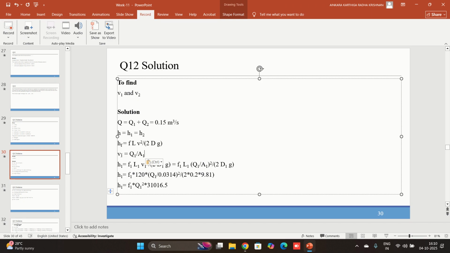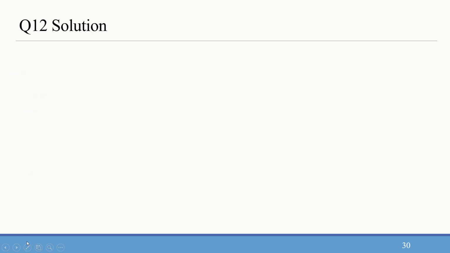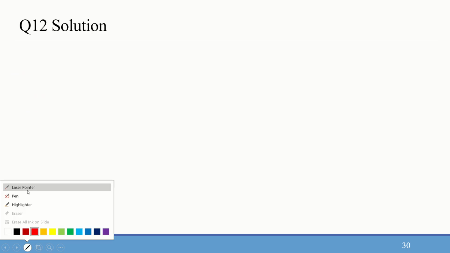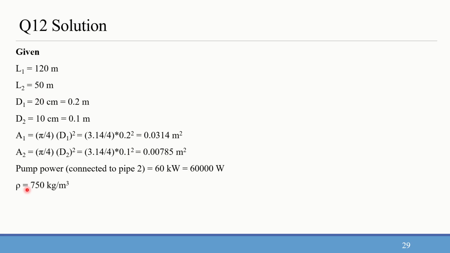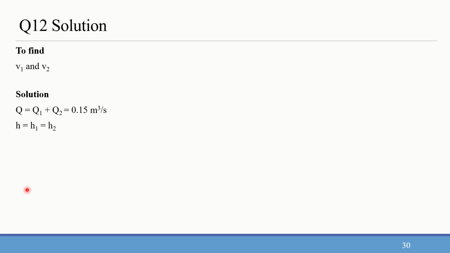We can put V is equal to Q by A, and we substitute that in the H1 formula.